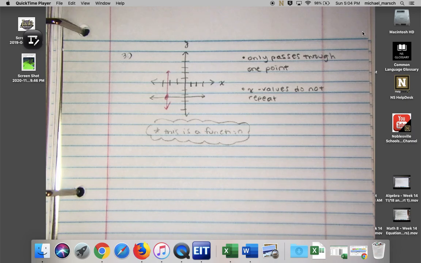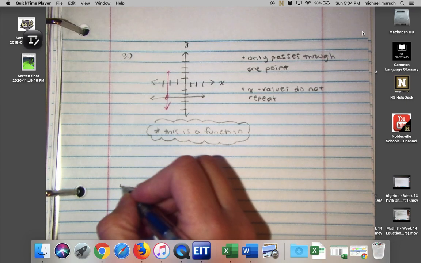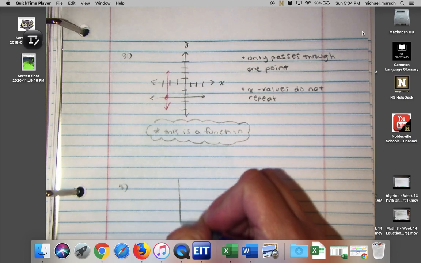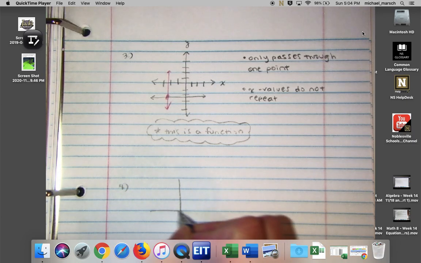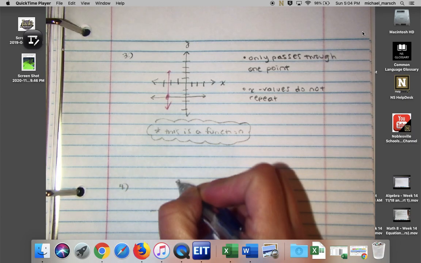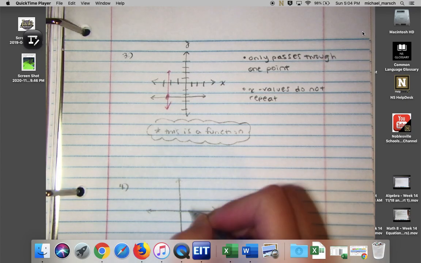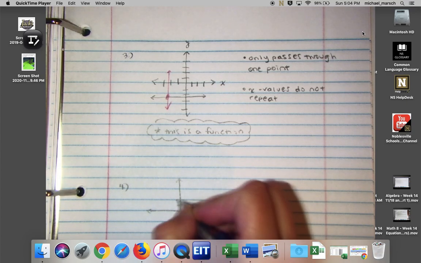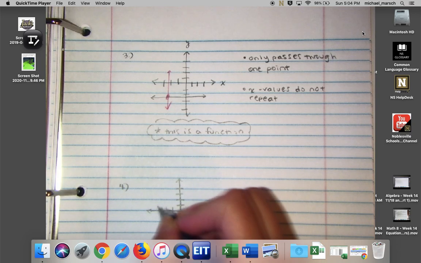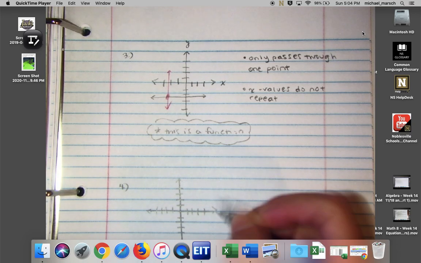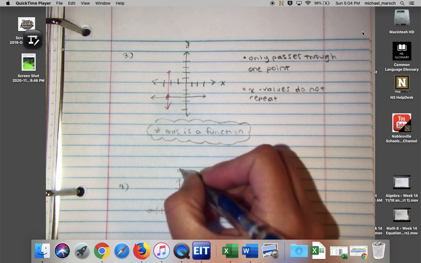Okay, one more example. Sometimes you'll be given a graph that just has random points on it. So let's take a look at what that might be. Sometimes it won't be an actual relation as like connected points. It'll just be random coordinate ordered pairs.